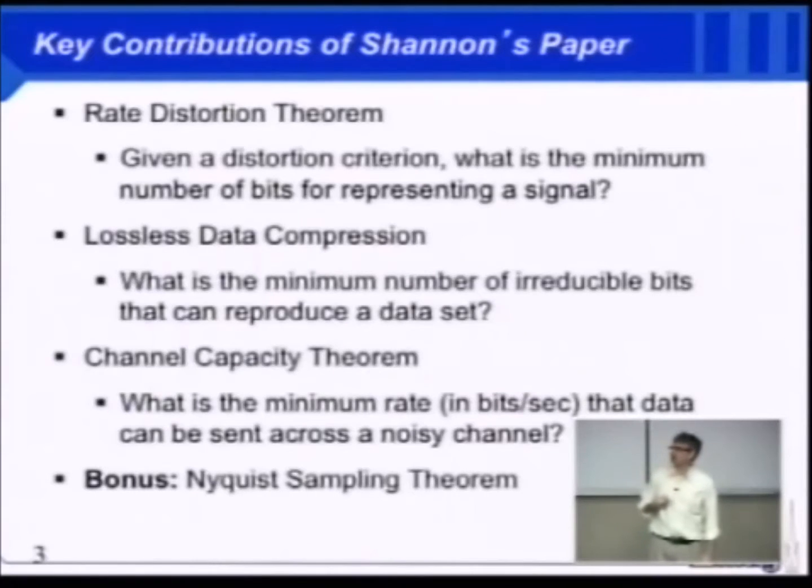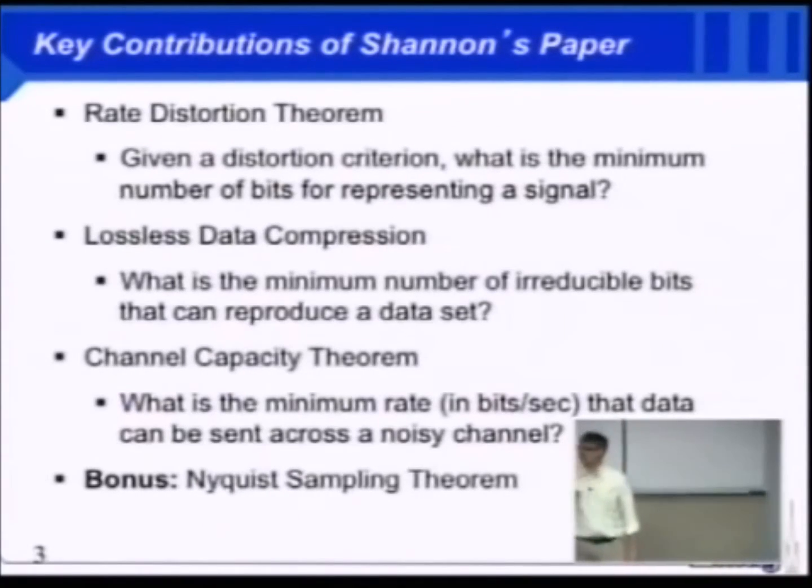Next one, lossless data compression. What is the minimum number of irreducible bits that can be used to reproduce a data set? That's lossless compression. It turns out that it's not necessarily the number of bits that you started with. You can actually represent something that has patterns in it with a reduced number of bits and not lose any information. That was a radical idea at the time.